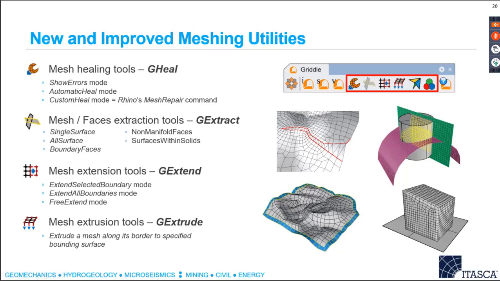When Itasca engineers worked on real projects, they often saw that the data we received from other engineers or field data are often very imperfect, containing a lot of problems. And it takes a lot of time to really clean the model and prepare it for meshing or remeshing. And GHeal can assist with that. It can automatically fix a number of issues.